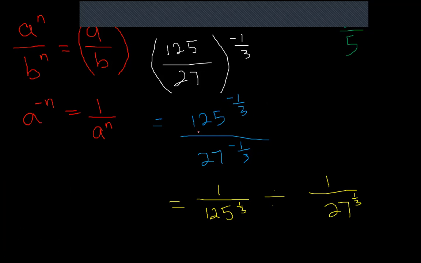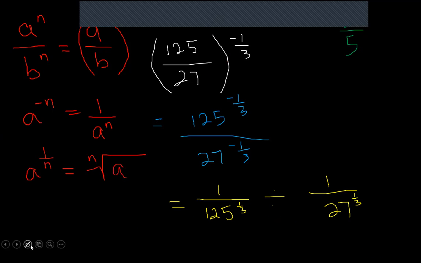Like I said, you could very well just punch this into your calculator, but that's not the point of this class, right? We know this other rule that says a to the power of 1 on n is the same as the nth root of a.